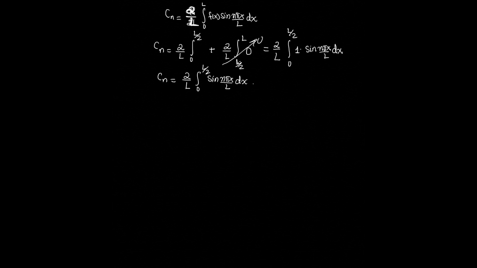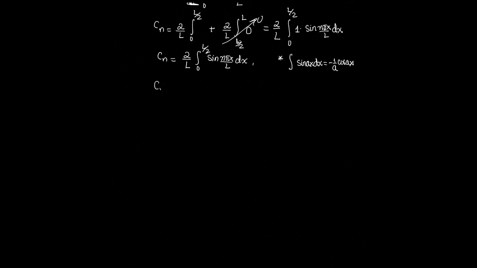Now, what I have to do is just solve this integral. I have to remember that integral of sine ax dx equals minus 1 over a cos ax. Then applying this, I have Cn equal to 2 over L, then minus 1 over a. A is going to be n pi over L, times cos of n pi over L x.